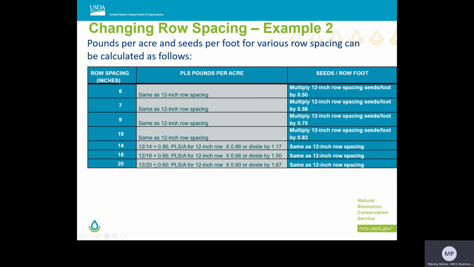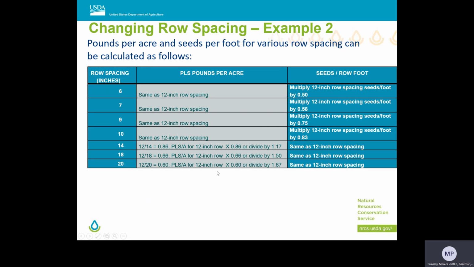So again, thinking about an example, if we have slender wheatgrass, the standard seed rate is 7 PLS pounds per acre for a full stand at 12-inch row spacing. If we increase the row spacing to 20 inches, we decrease the seeding rate.